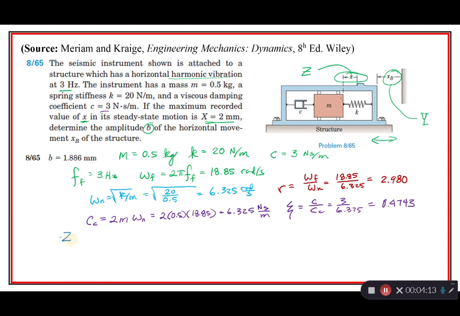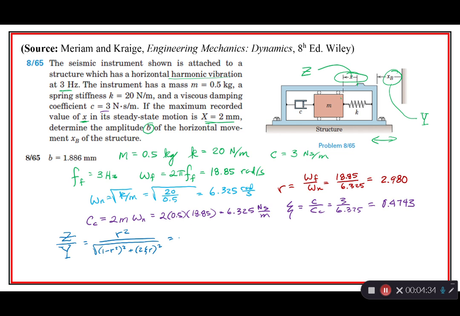So for this vibrometer, which all indications are it's a vibrometer, we can use R squared over the square root of 1 minus R squared, plus 2 zeta R, whole thing squared.